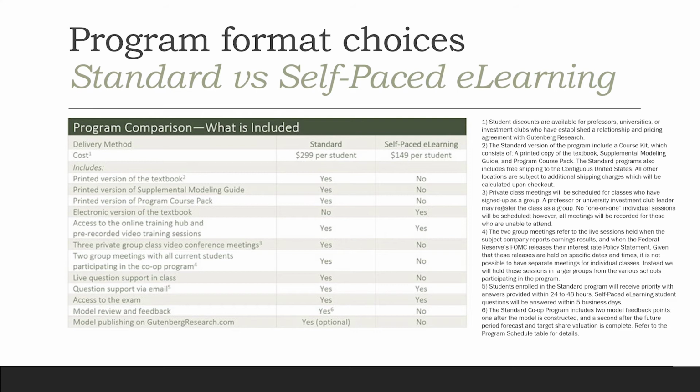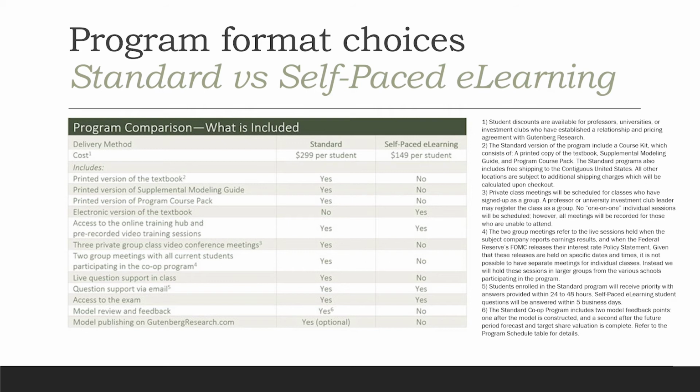Then the model feedback is only part of the standard program. So when you're doing the self-paced e-learning version, you're not going to actually be submitting your model for review. You'll be doing this on your own. And then I will also give you the opportunity to publish your model on gutenbergresearch.com if you're taking the standard version of the program. And that's a good way for you to showcase your skills to potential employers.